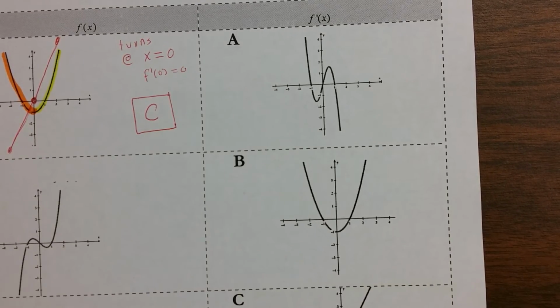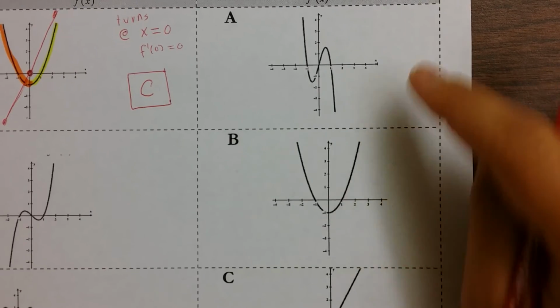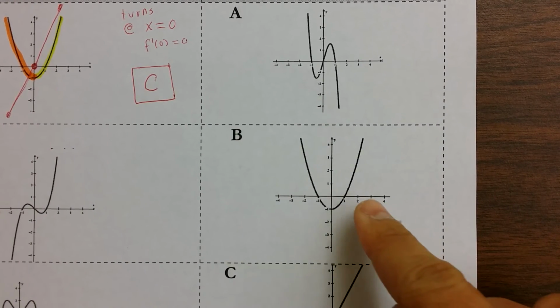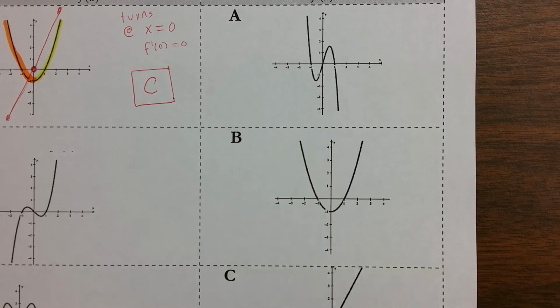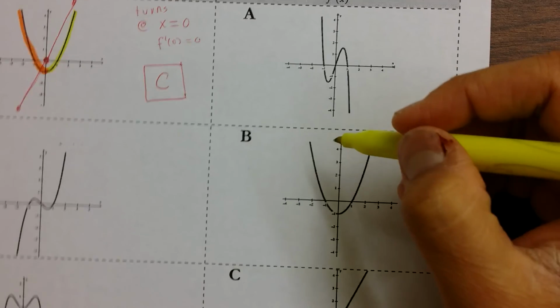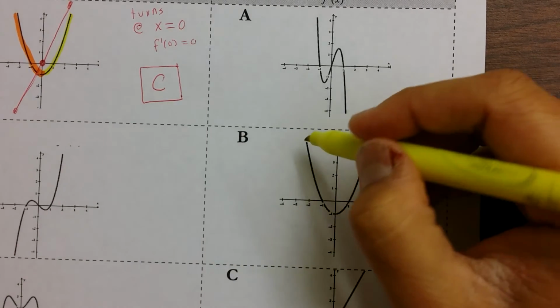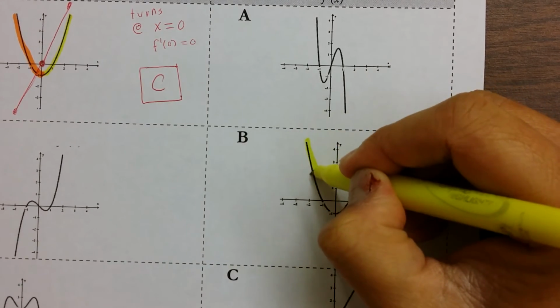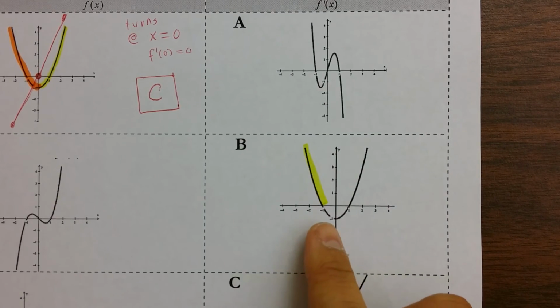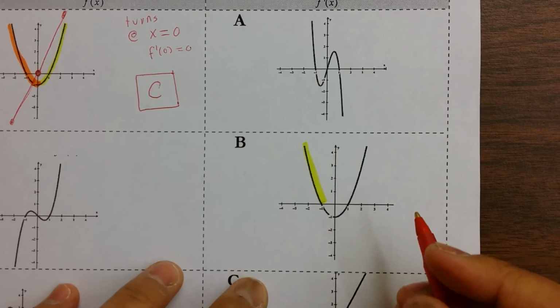All right, now what I'm going to do next is kind of reverse the order. I'm going to look at the derivative and see which function matches up with that derivative. Okay, let's do this one first. All right, so I look at the derivative and I know that the derivative is positive for any x value to the left of -1.